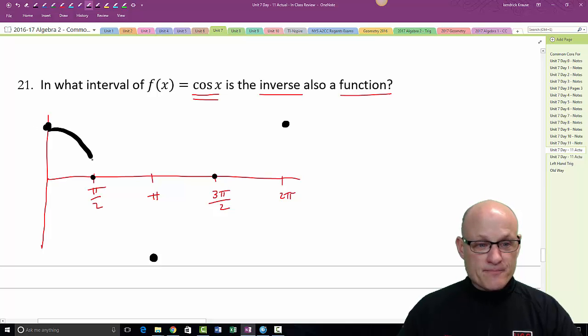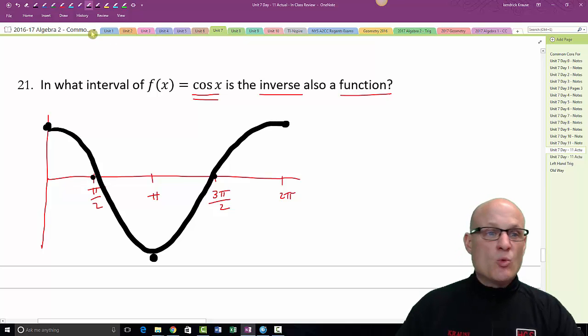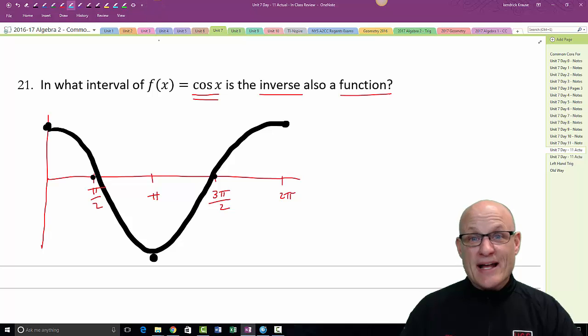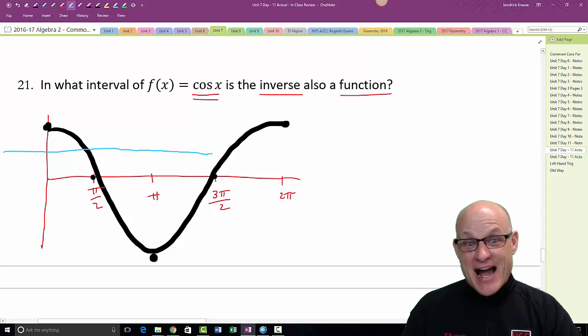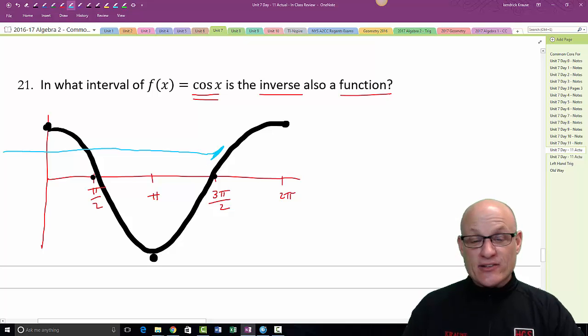And if I draw it in, and I say to myself, where can I restrict this thing to so that it will pass the horizontal line test? Because notice, if I do this, oh, I've passed the horizontal line test. I'm so happy I passed the horizontal line. Don't stop! You're going to fail. Don't go past here. Stop! Right? Because if I keep going, I'll fail the horizontal line test.